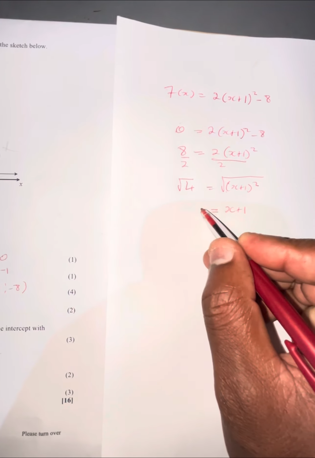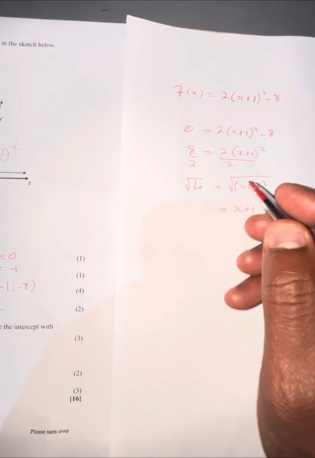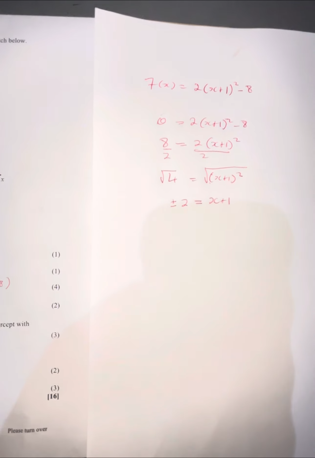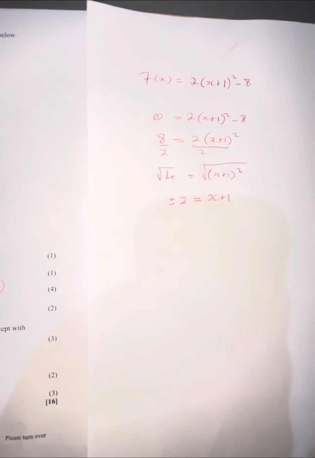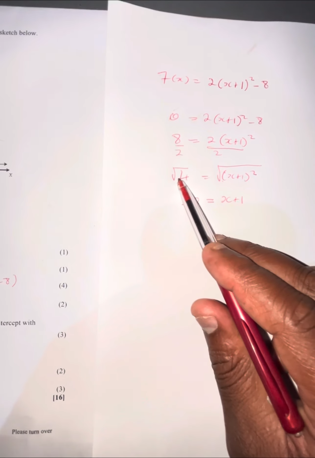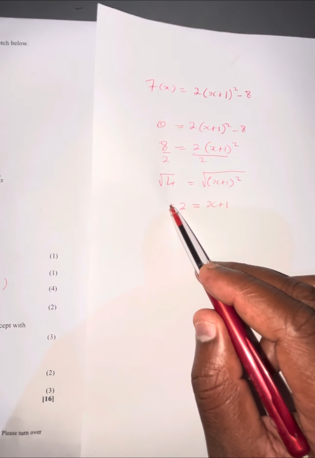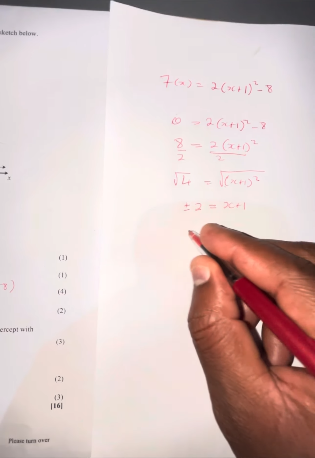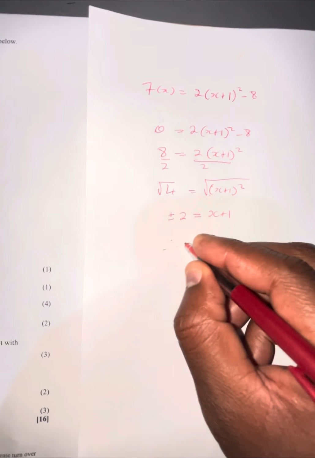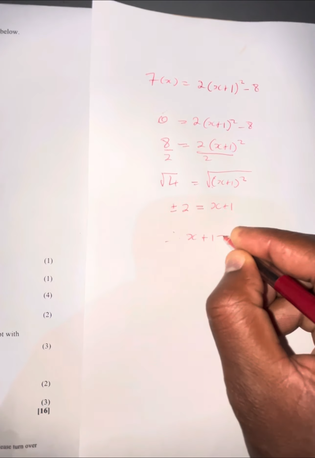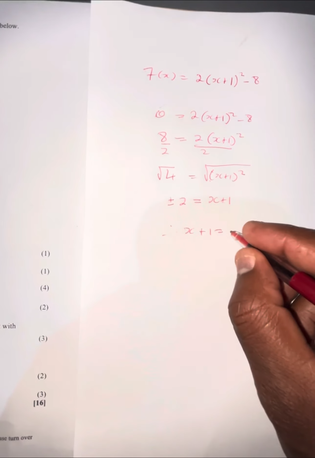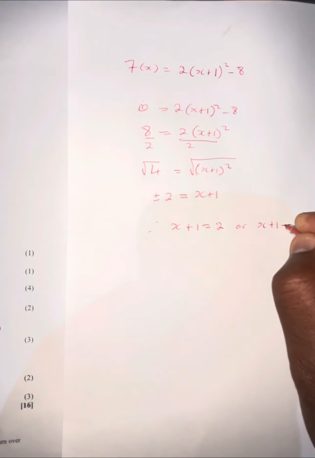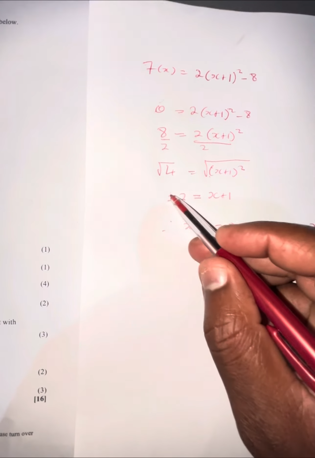It's always plus or minus 2. Whenever you are removing the square root, it means that this will be positive or -2. Therefore you conclude by saying x plus 1 equals +2, or x plus 1 equals -2, because it's positive and negative.